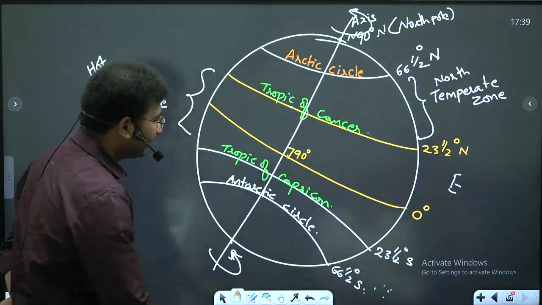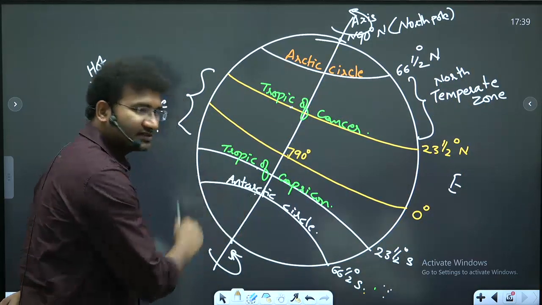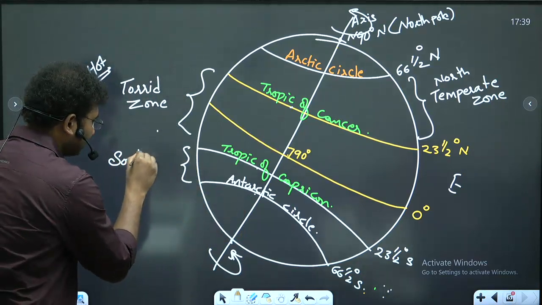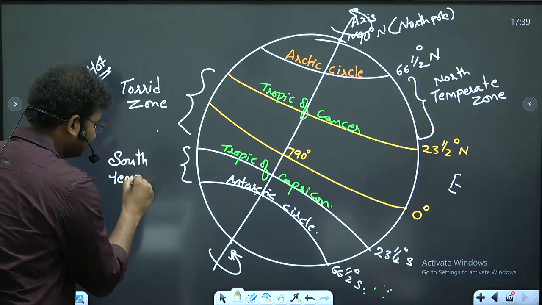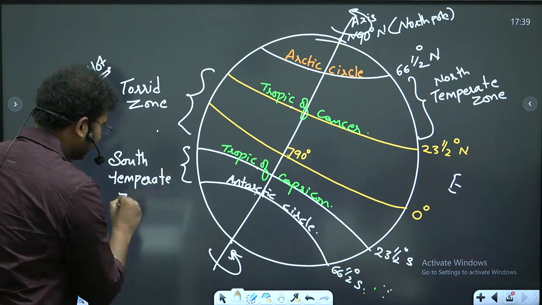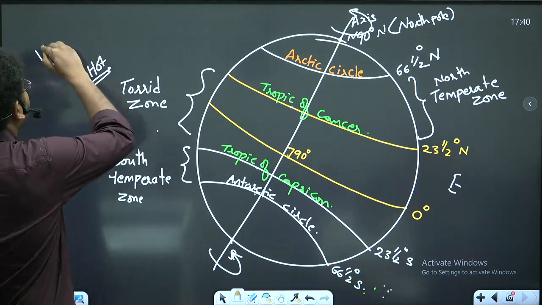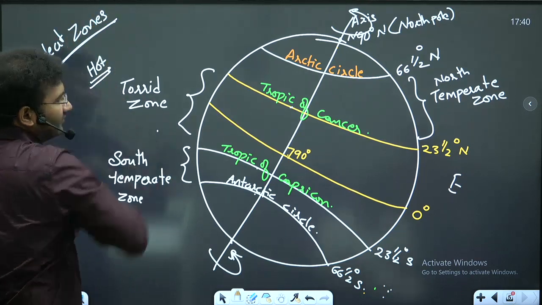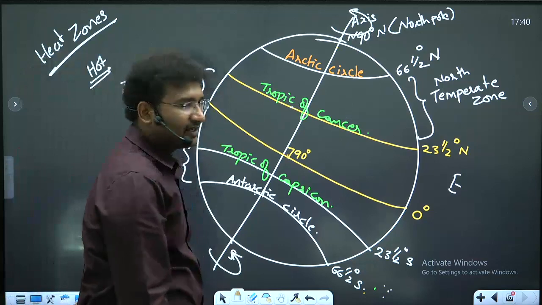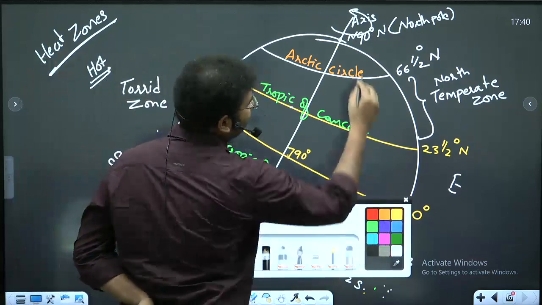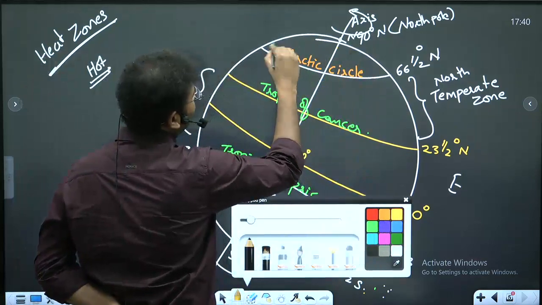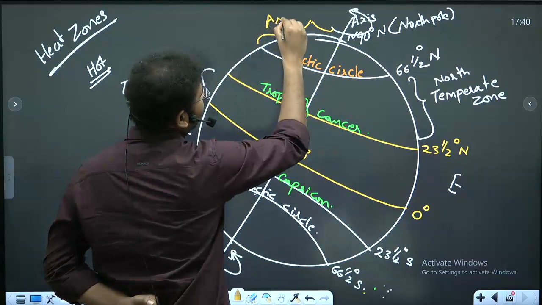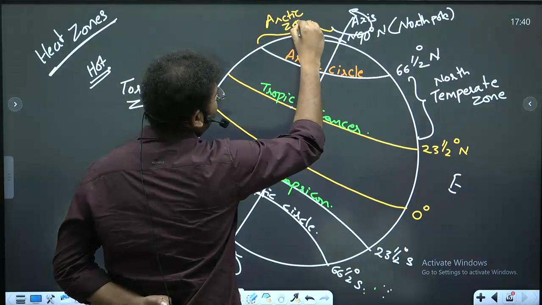Likewise, the area between Tropic of Capricorn and Antarctic Circle is called the south temperate zone. These are nothing but the heat zones of the earth. Likewise, the area between the poles and the Arctic Circle is called the Arctic zone or polar zone.